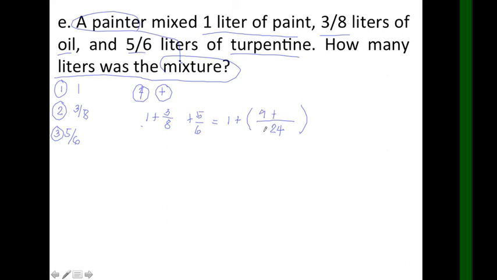Plus 24 divided 6 is 4 times 5, 20. So we have a total of 9 plus 20 is 29. So we have 1 plus 29 over 24.